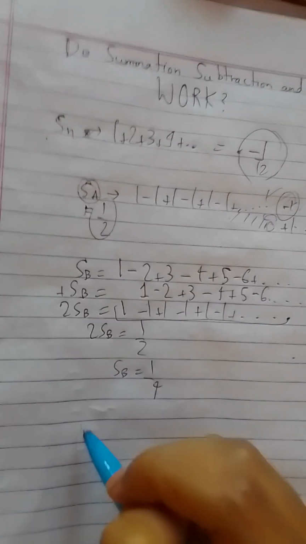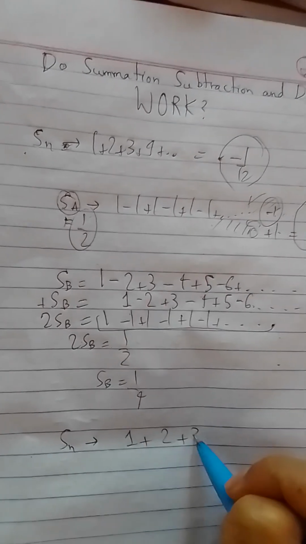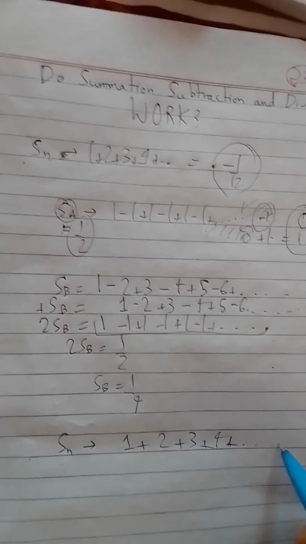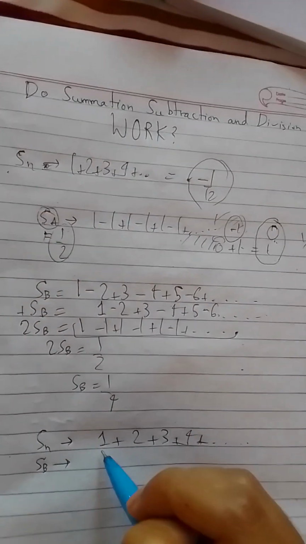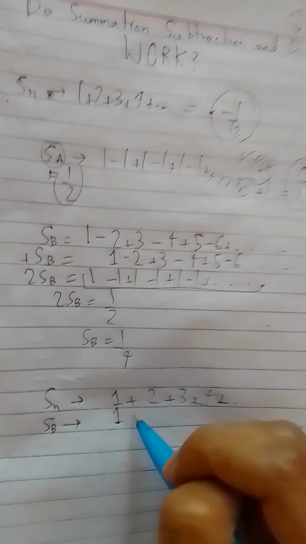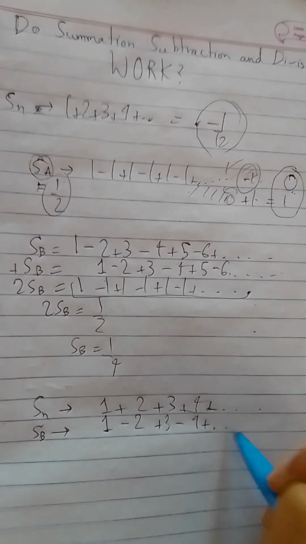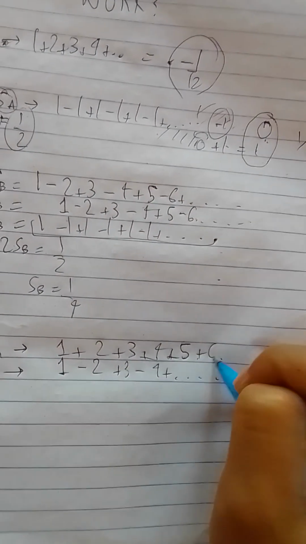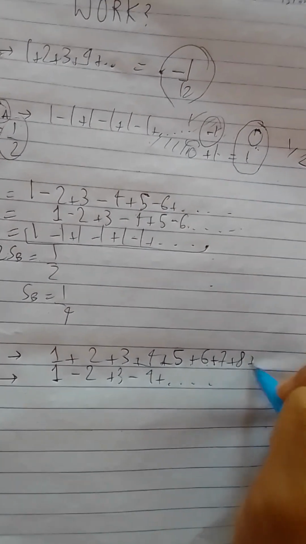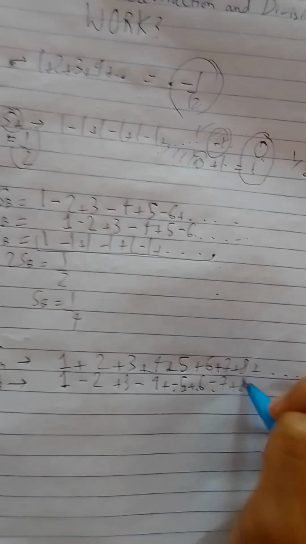Again, let's take the original sum, SN being 1 plus 2 plus 3 plus 4 and so on. And the second, SB, which is 1 minus 2 plus 3 minus 4 plus and so on. Let's take a few more terms: 5 plus 6 plus 7 plus 8, and 1 minus 2 plus 3 minus 4 plus 5 minus 6 plus 7 minus 8 and so on.